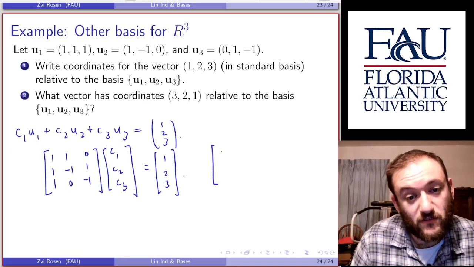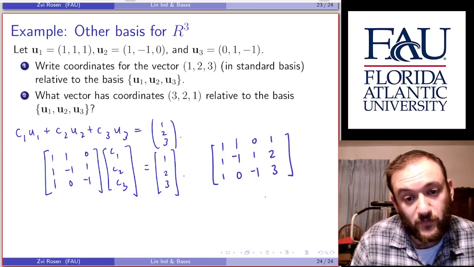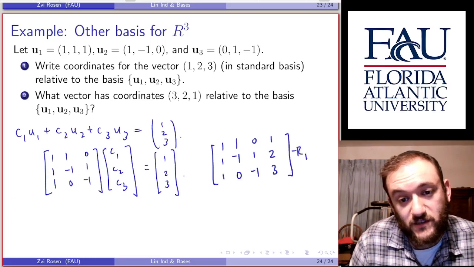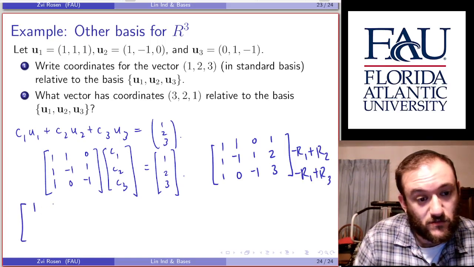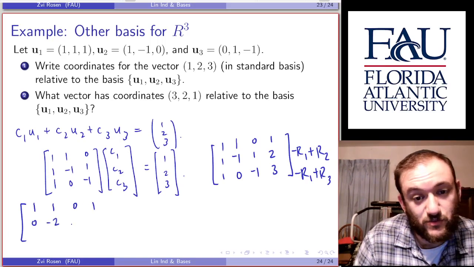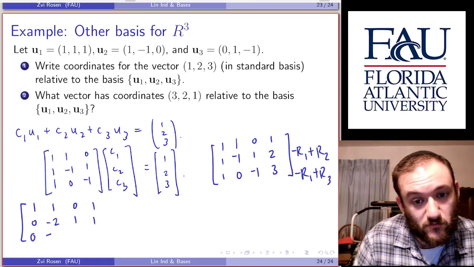So we'll start with minus row 1 plus row 2, minus row 1 plus row 3, and we get rows 1, 1, 0, 1; 0, -2, 1, 1; and 0, -1, -1, 2.